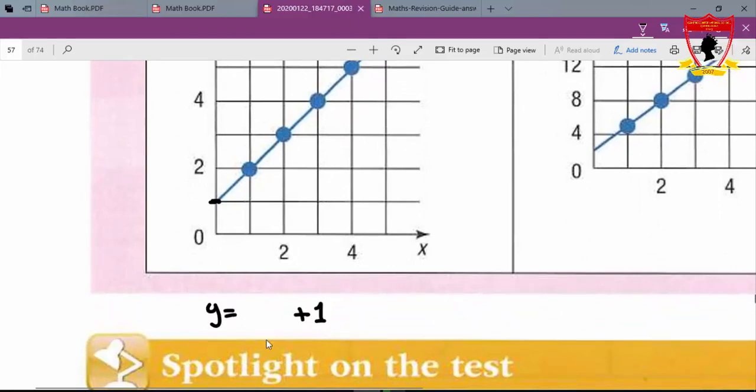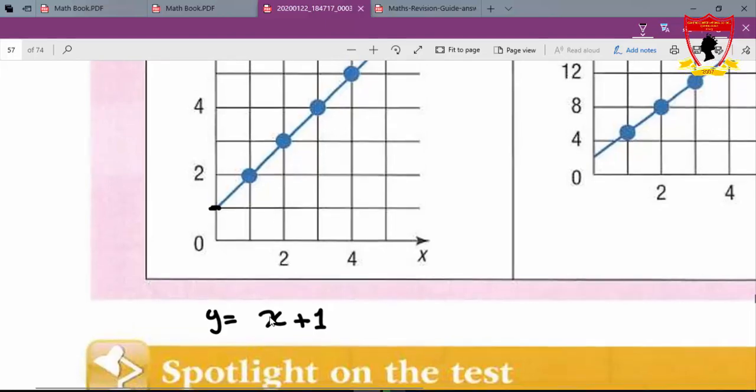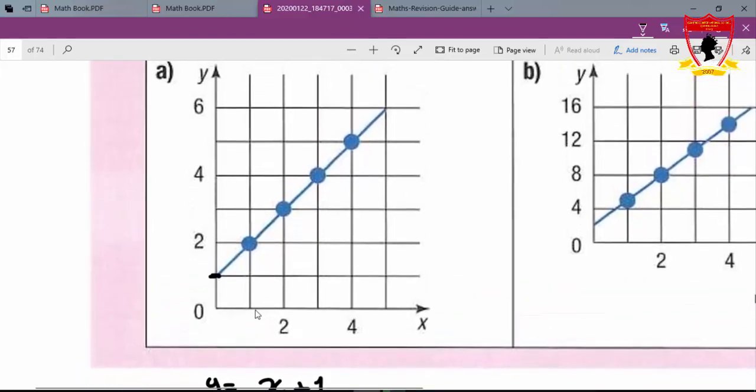And let's find the gradient. The gradient is the number before x, the coefficient of x. The gradient here, we can work on any point. Here, this line is 4.